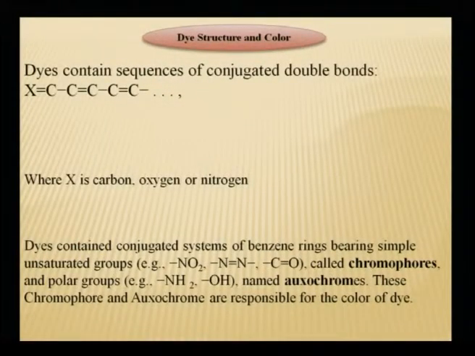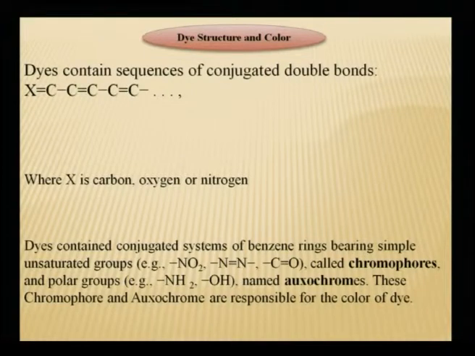Now, we know that the dye and its structure have great importance, in that the more the conjugation in the dye, the darker is the color. Dyes contain a sequence of conjugated double bonds, that is, you have C=C and so on, where X is carbon, oxygen or nitrogen. Dyes contain a conjugated system of benzene rings bearing simple unsaturated groups like nitro groups, azo groups, carbonyl groups, and these are called chromophores.